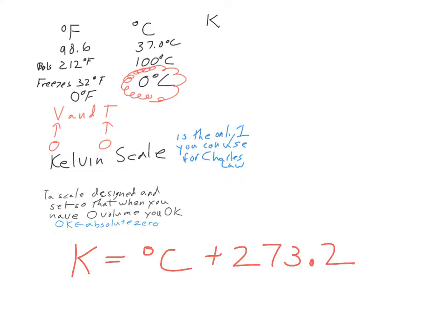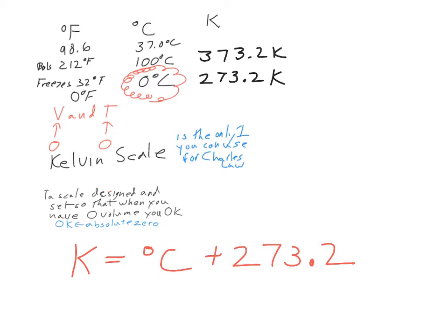273.2. So 0 degrees Celsius would have a temperature of 273.2 kelvins. Water on the Celsius scale boils at 100. On the Kelvin scale, it would boil at 373.2 kelvins.